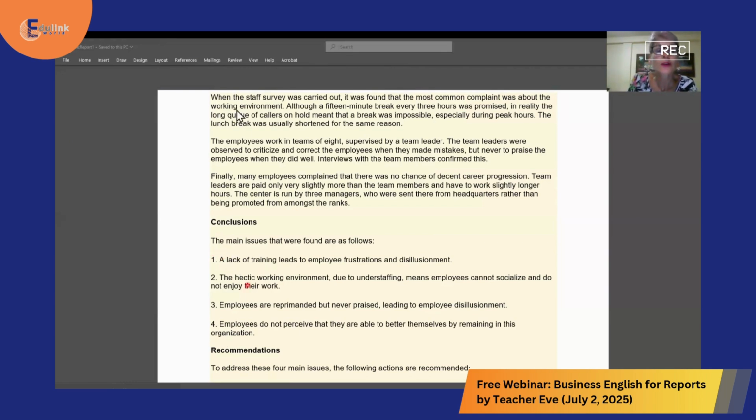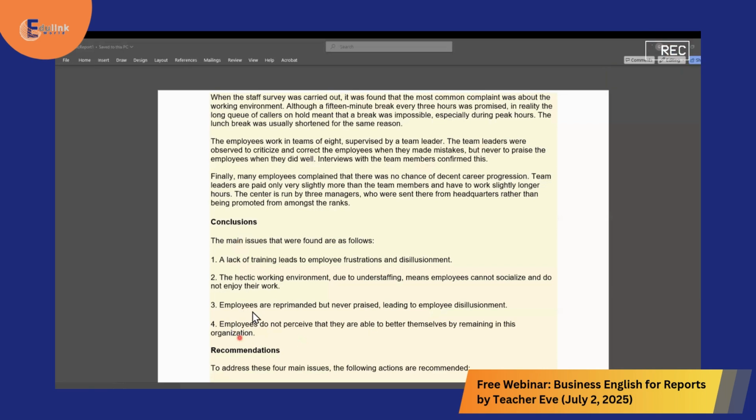So you've had 4 paragraphs about what the findings are, and then some more short, like a summary: the lack of training, with no breaks. Everything's very hectic. The way that the team leaders criticize but don't praise. Okay. And then the lack of opportunities. Okay.